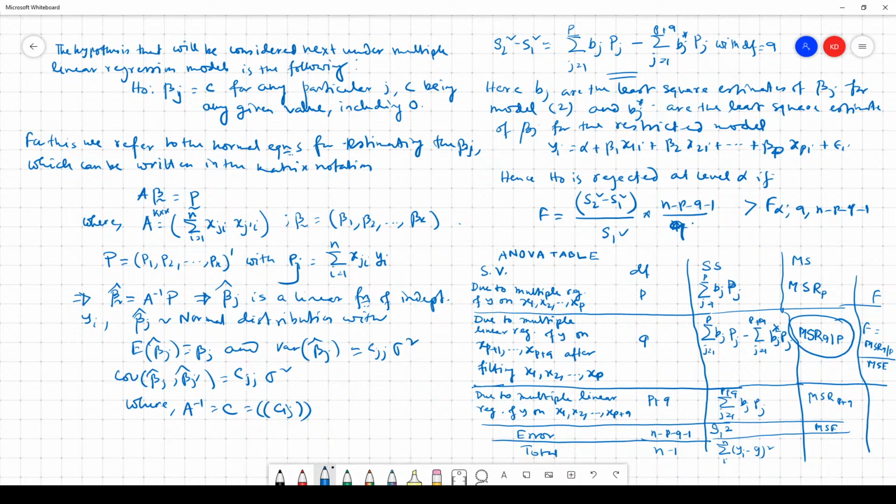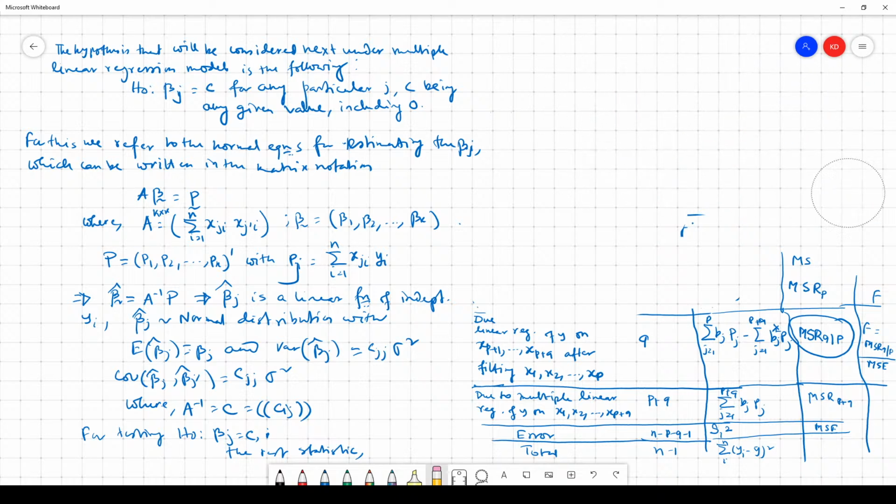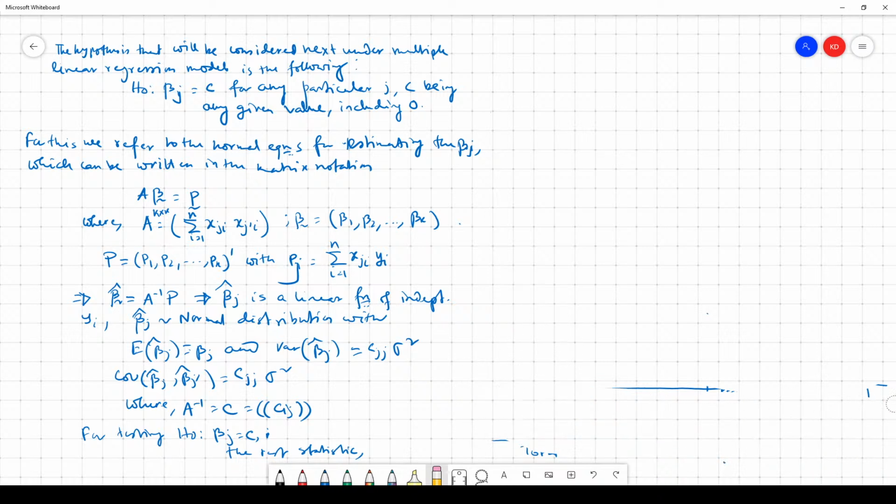So for testing H naught: beta j equal to C, the test statistic T is beta j hat minus C by, it is better to write C naught, otherwise this small c and capital C you cannot distinguish here.